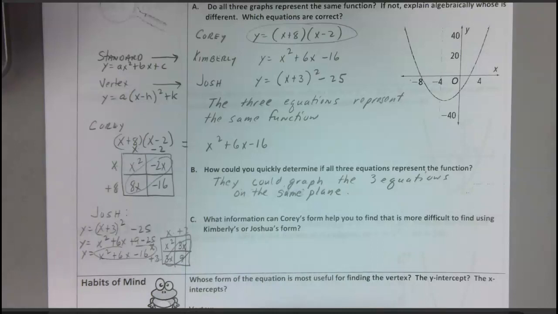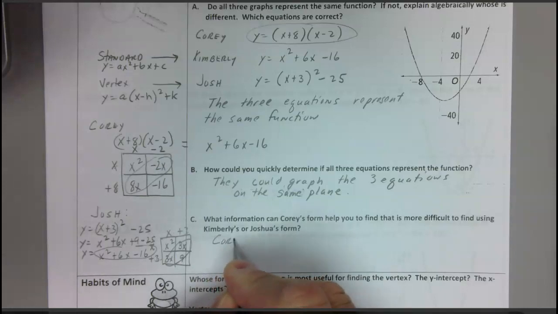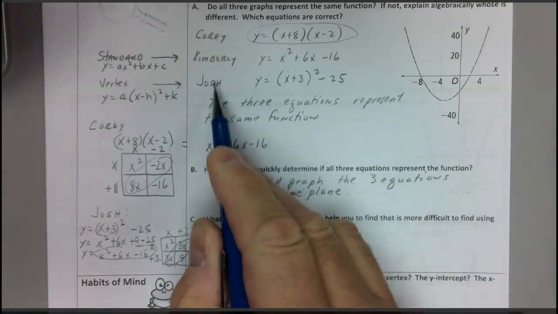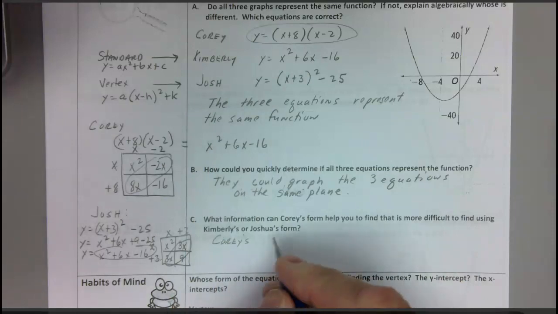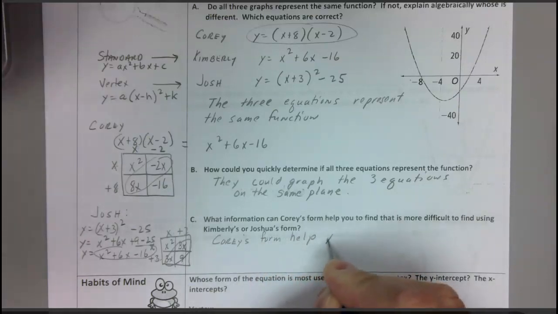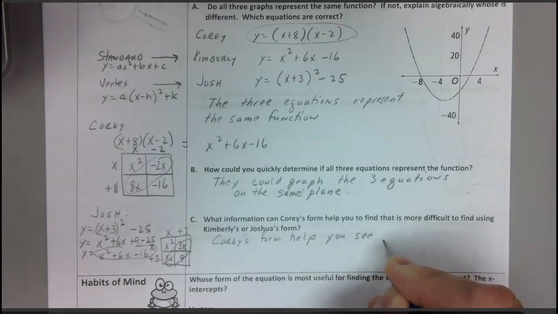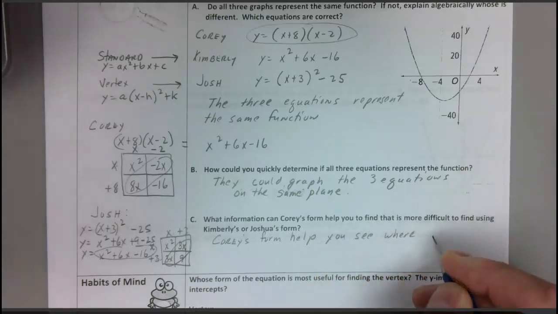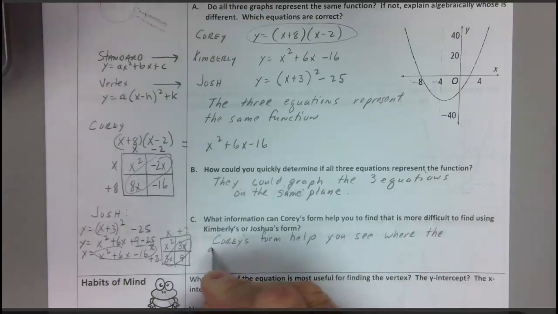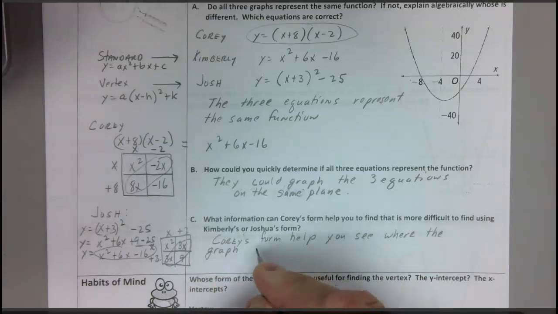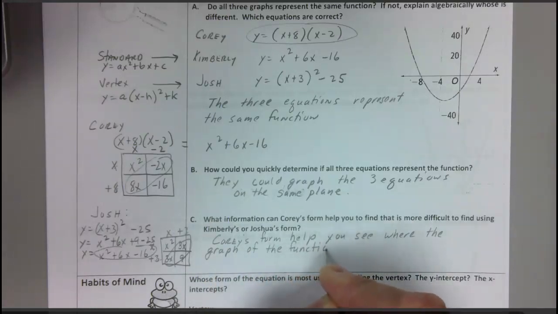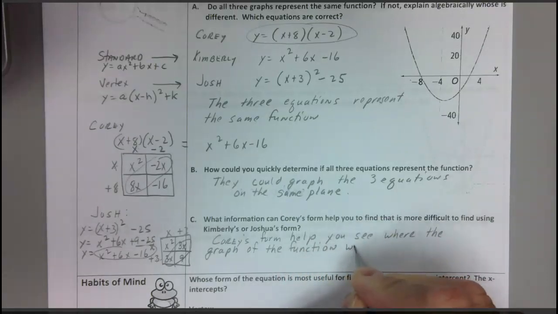Well, the thing about Corey's that's really better is Corey's form, which we call factored form, helps you see where the graph of the function will cross the x-axis.